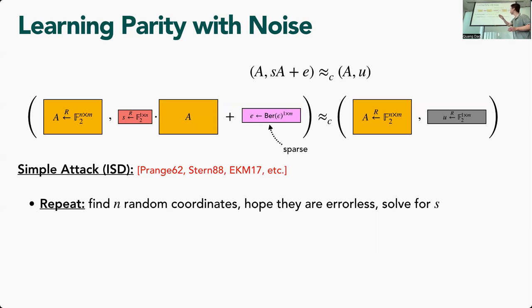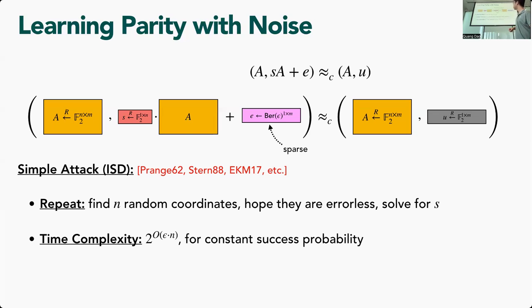You could imagine that without this error, you can just use Gaussian elimination to find this. But with this error, it just gets exponentially harder to do so. In fact, this is essentially the best attack that we know right now, which is that you hope to find some errorless locations, and then you use Gaussian elimination to solve for the secrets.